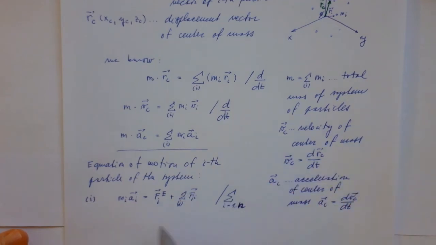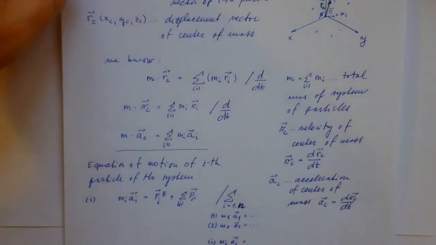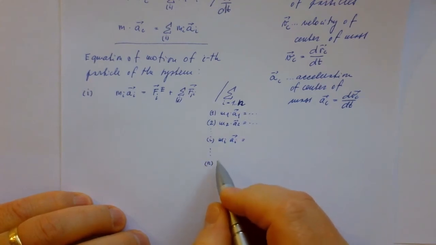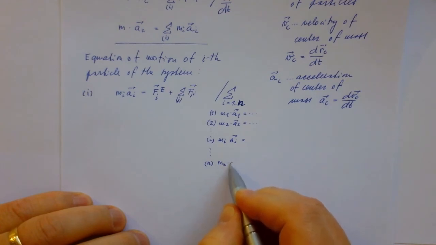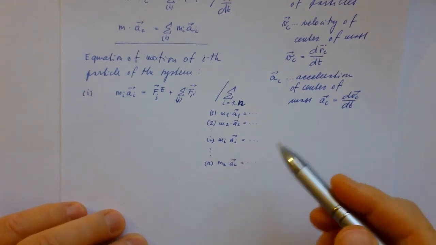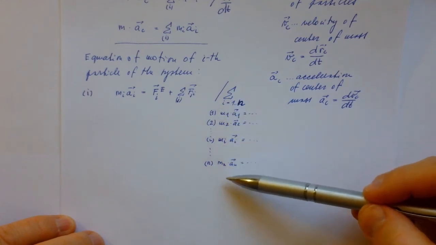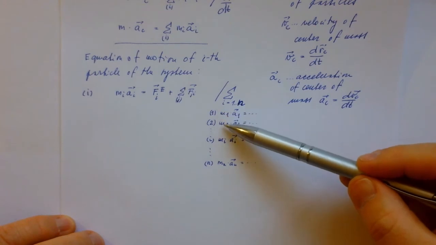The ith equation is mi ai, and this is only one example of this system, and we sum all these equations over i.